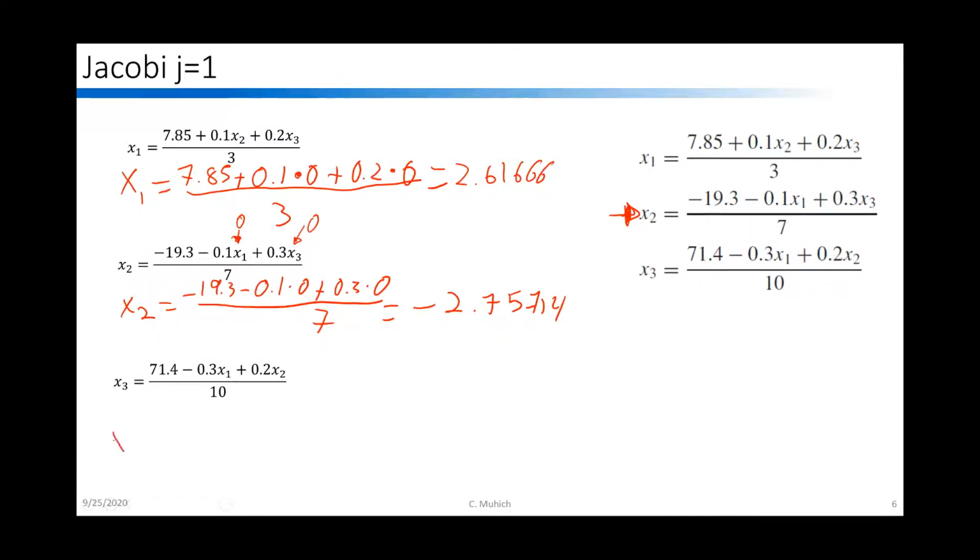I'm not going to go as in depth through here, but once again we're going to use the 0 for x1 and 0 for x2 because we're using the previous guess. This is going to be 7.14.